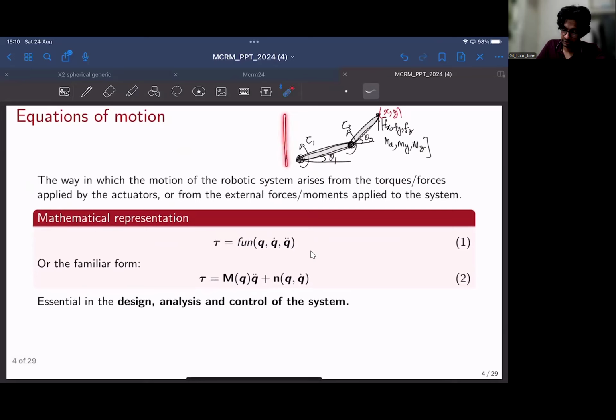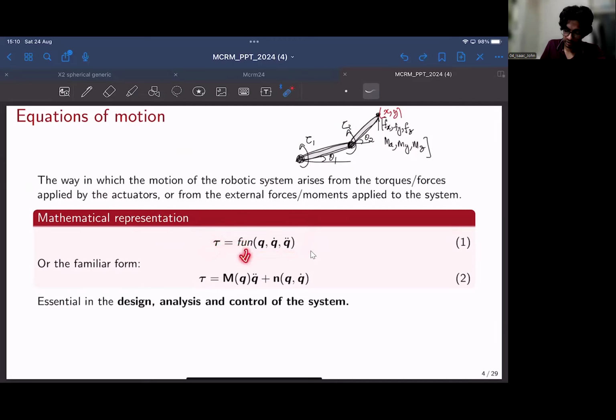And this interaction between all the forces and moments with the motion of the robot can be simply written as a function, like so in equation 1, where tau is a vector of joint torques, tau1 and tau2, and q, q dot, and q double dot are nothing but the position, velocities, and accelerations of the trajectory, right? So you could express the dynamic equations of motion using a function which maps the joint torques to the trajectory of the robot.